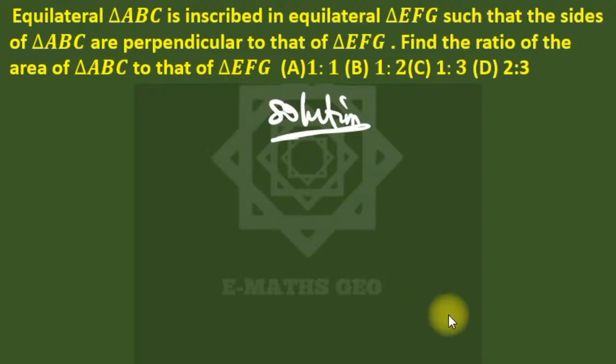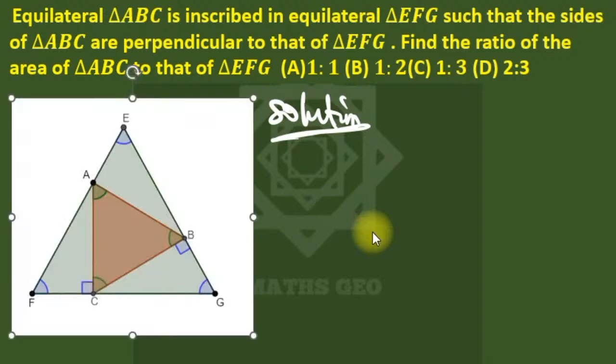So first thing we have to do is to draw a diagram. So I've constructed a diagram before, so let's just copy and paste. Okay, so we have this diagram.